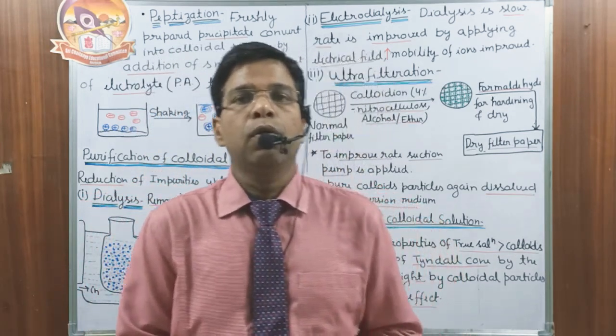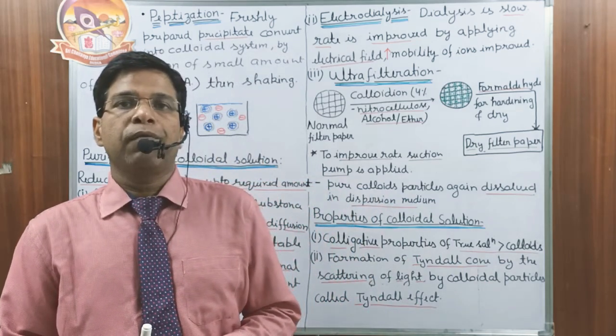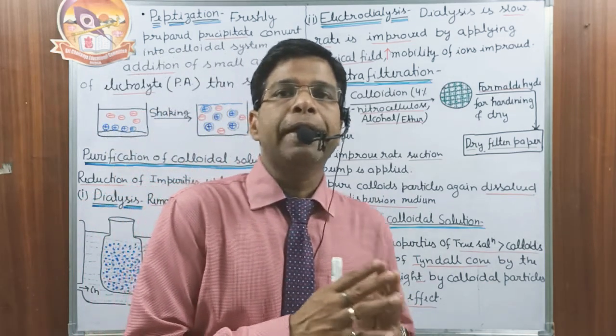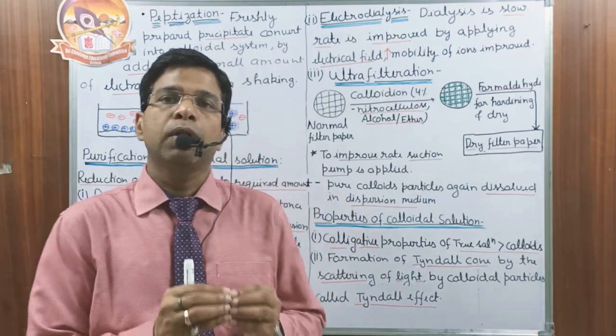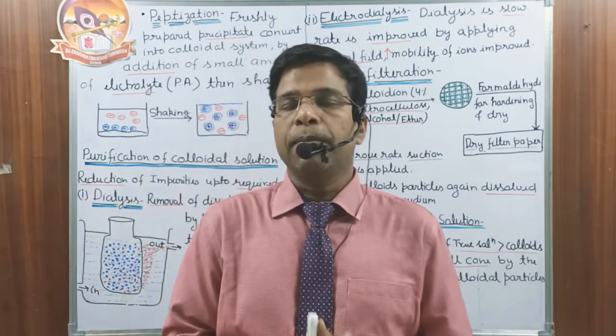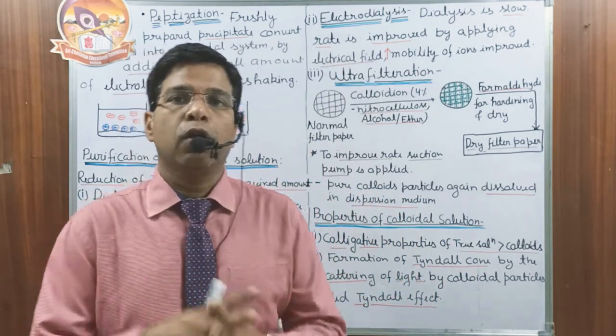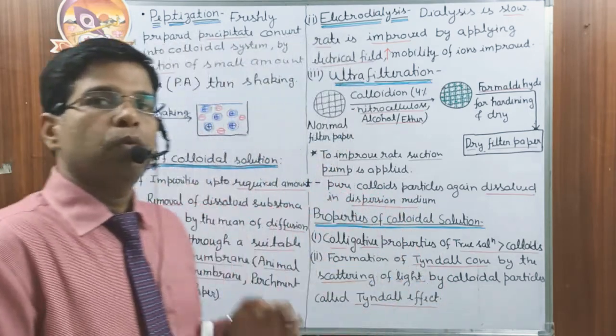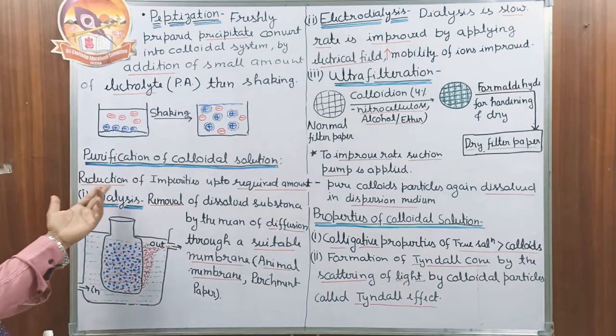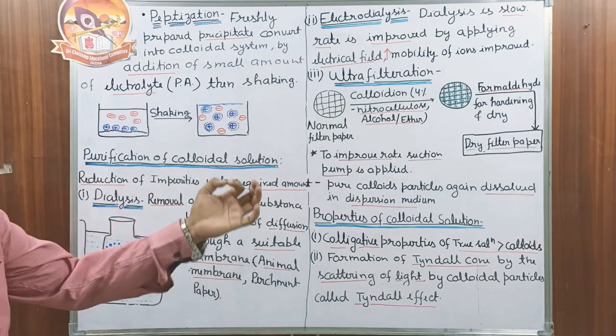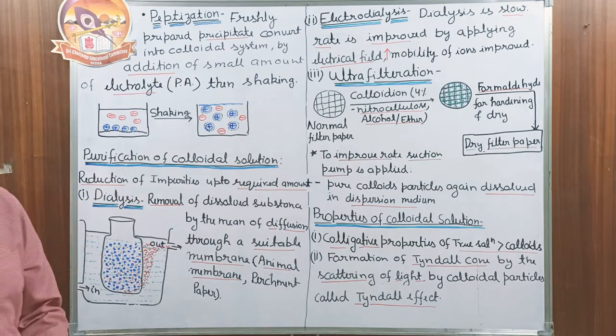We want to remove the electrolyte, but we don't want to remove 100% of it. Because if there is no charge present on the colloidal particle, it coagulates. So we want the reduction of the impurity only up to the required amount. It's called the purification of the colloidal system.